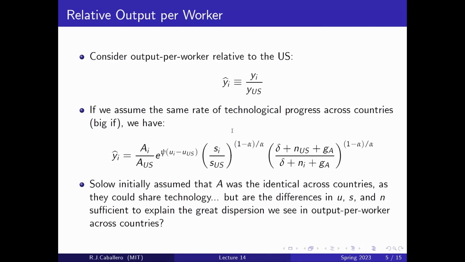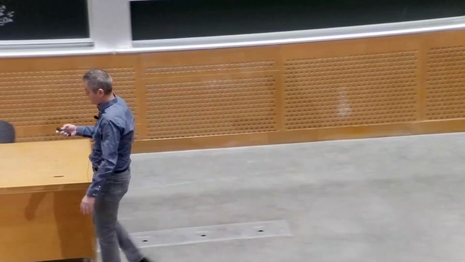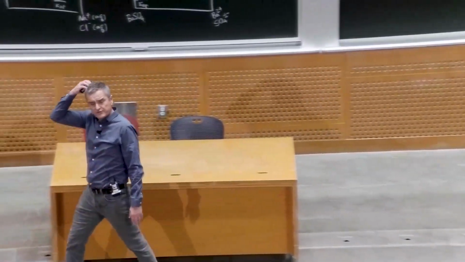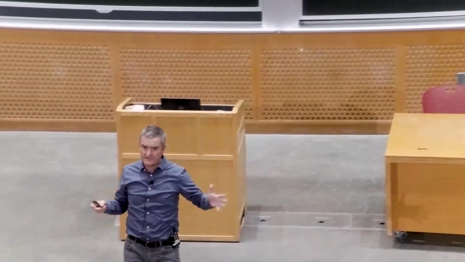And so the question is, suppose you make this assumption of equal technology, and we can measure the saving rate and the population rates in different parts of the world, and we're assuming the same rate of technological progress everywhere. How much of the difference we observe in income per capita across the world can be accounted for by that?